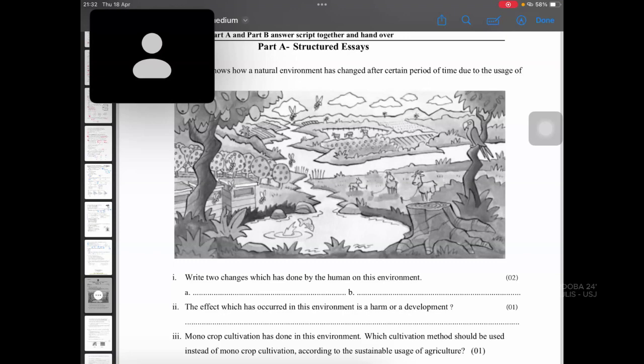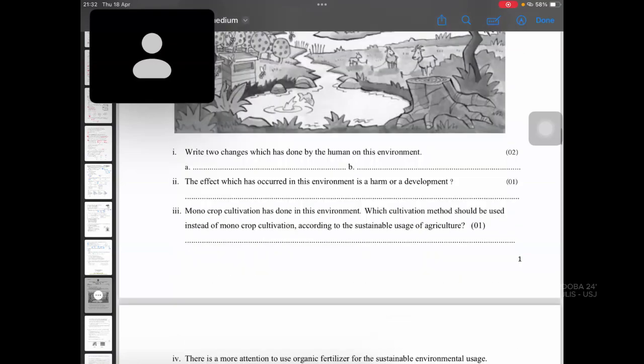And the second thing is the cutting down of the tree in the front. So you can see they are very common sense questions.